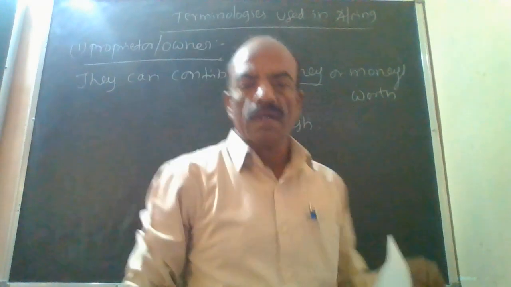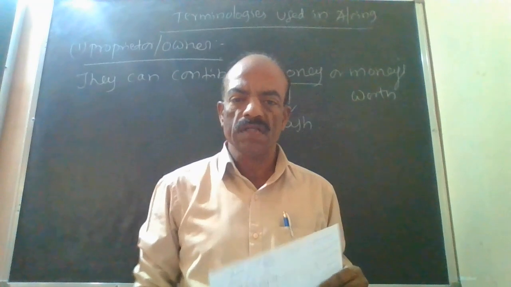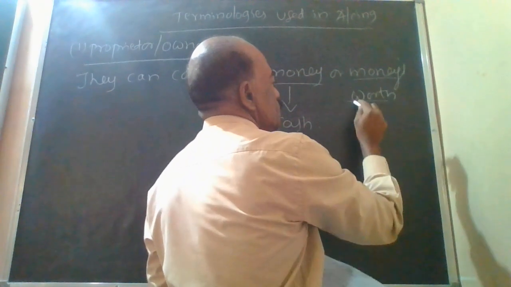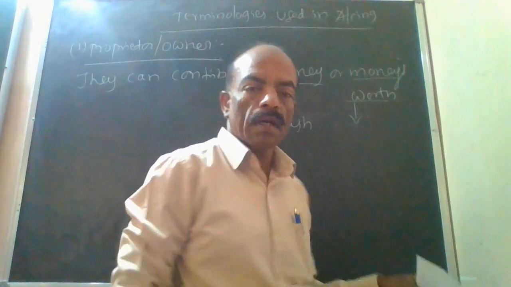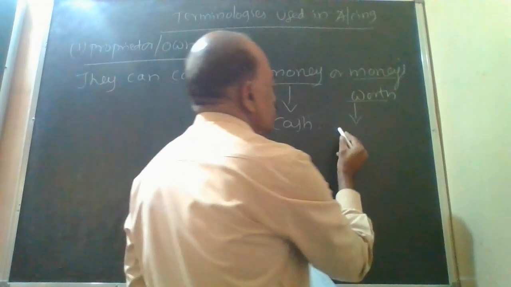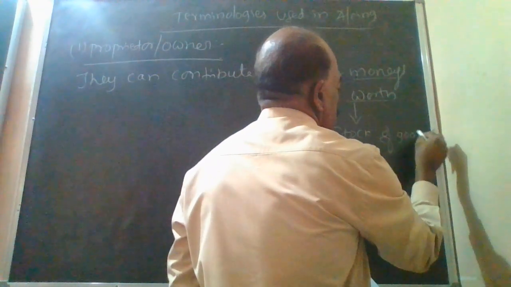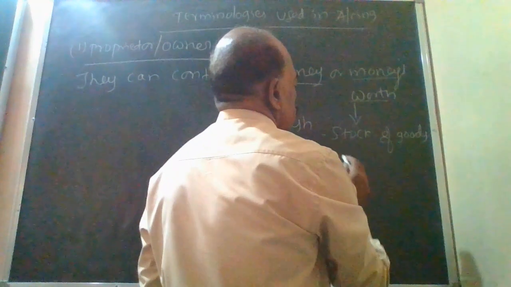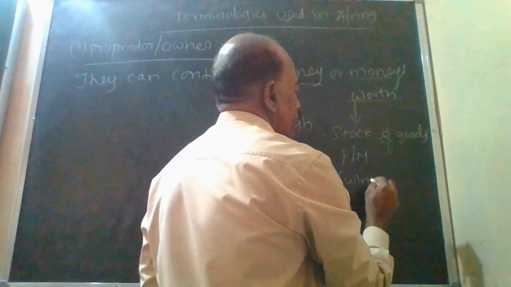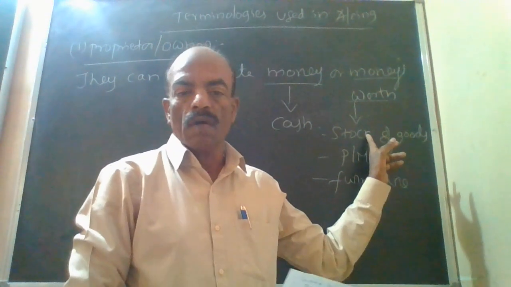One of the proprietors, Suresh, is going to contribute 1 lakh rupees for his business. That is called money. And money's worth means he can bring the capital in the form of stock of goods, or plant and machinery, furniture. While starting the business, they can bring the stock of goods.